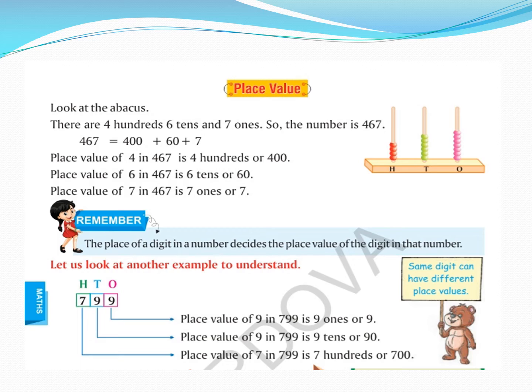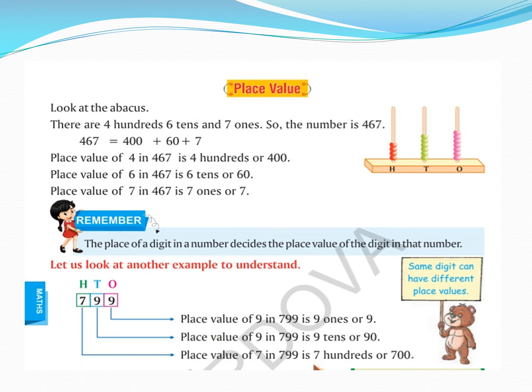Here on the slide, we are going to see place value. Now look at the abacus on the right side. Can you tell me how many beads are there on the hundreds place? 4. How many beads are there on the tens place? 6. And how many beads are there on the ones place? 7.